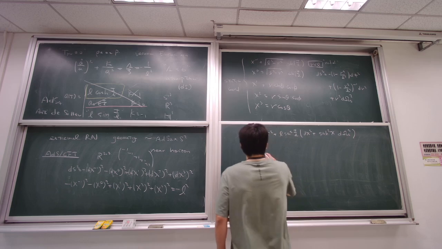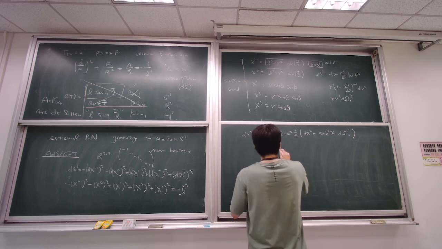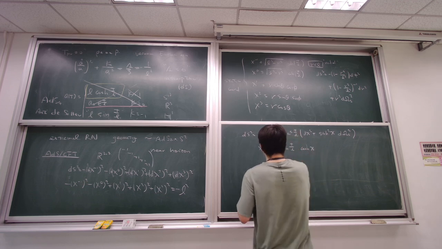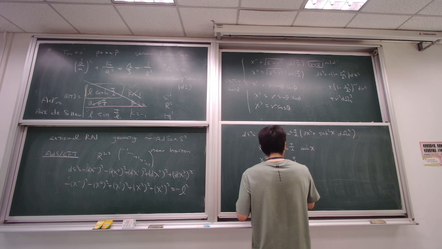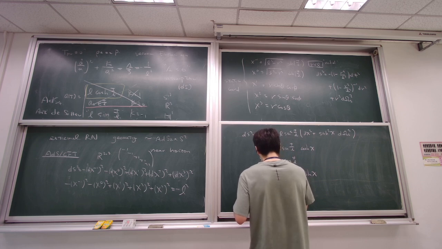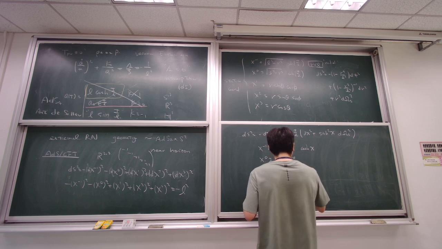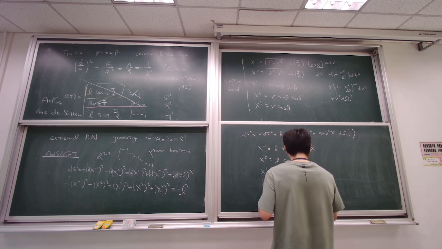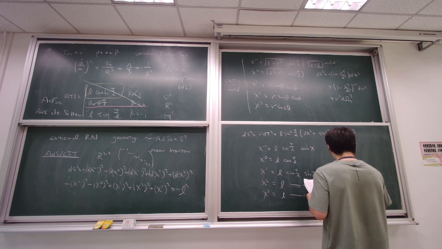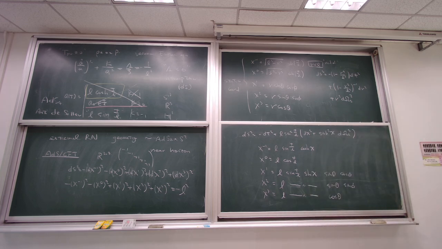What I wrote is actually correct: x minus 1 is L sine t over L cos chi, x0 is L cos t over L, and x1 is L sine t over L, then x2, x3, with sine theta and so on.